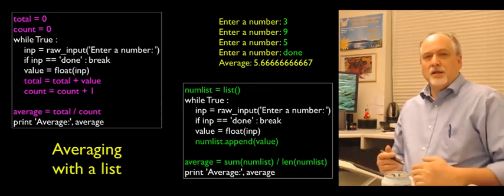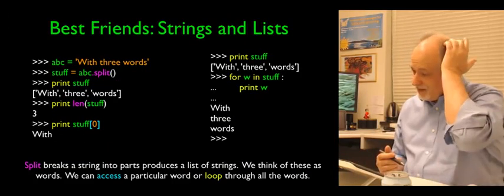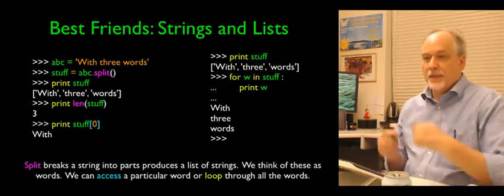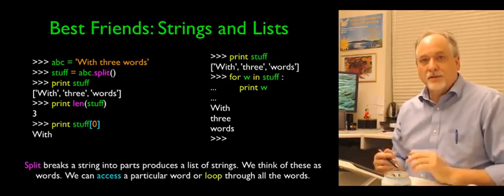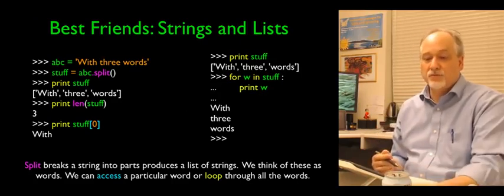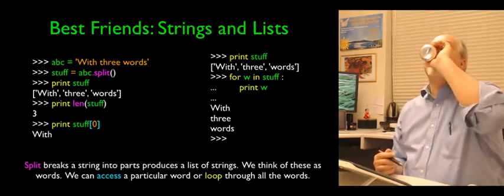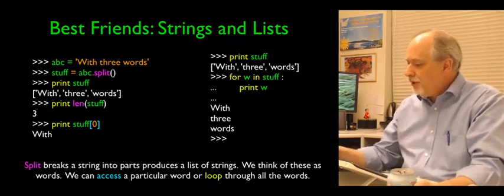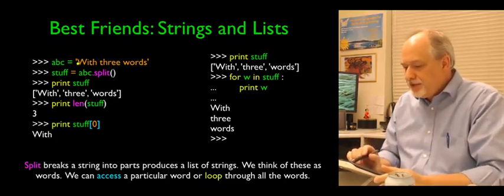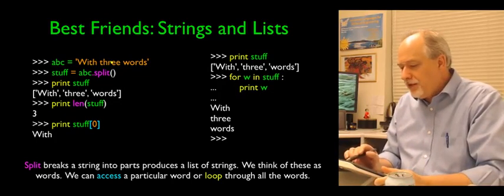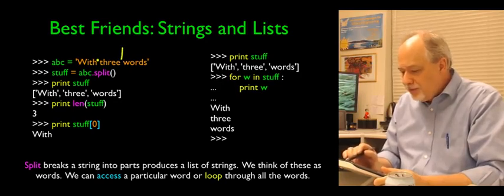Okay, so connecting strings and lists. There's a method, a capability of strings, that is really powerful when it comes to tearing data apart. It's called split. So here is a string with 3 words and has blanks in between.